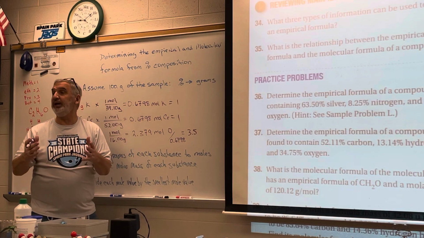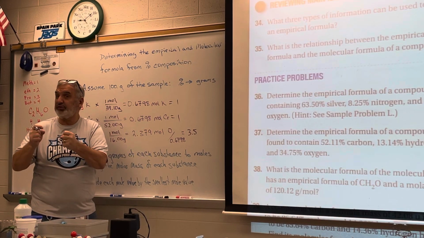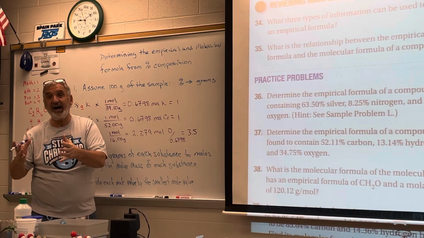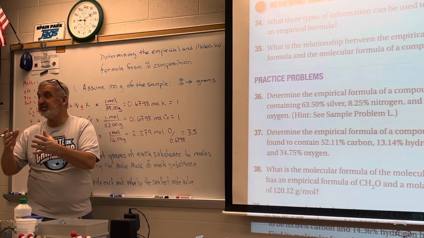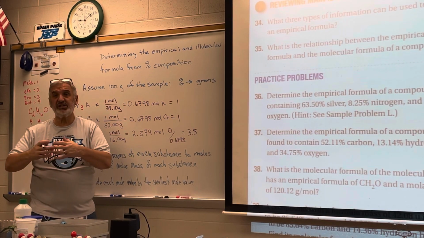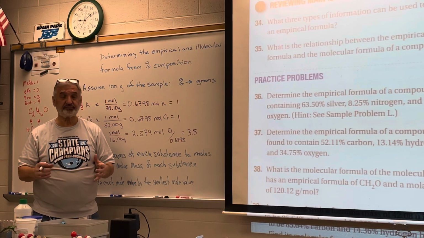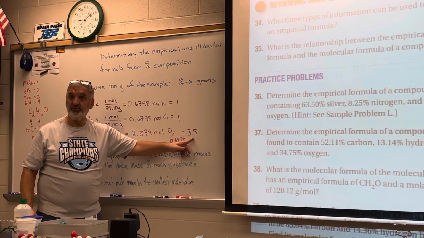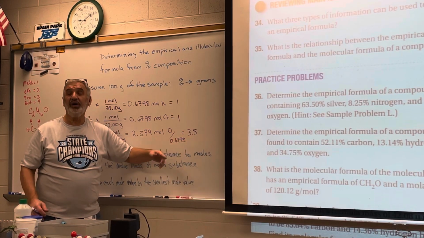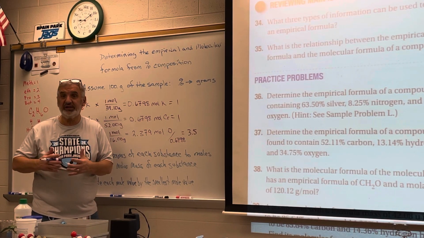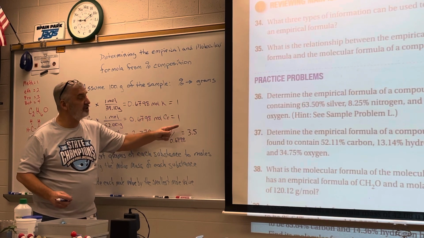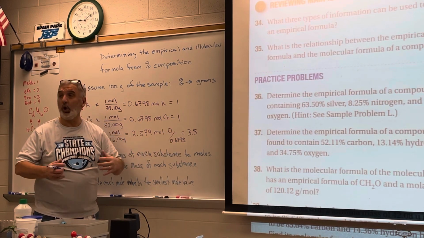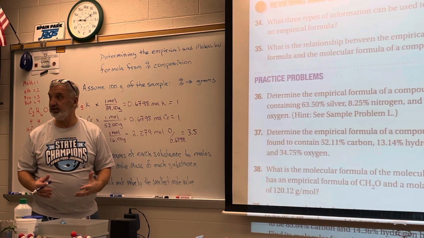But if it's 3.33, 3.5, 3.66, it's going to come out to some common fraction. What common fraction is 0.5? 1/2, right? So I need to get this to a whole number, keep the ratio. This is a 1-to-1 to 3.5. What's the whole number ratio going to be?